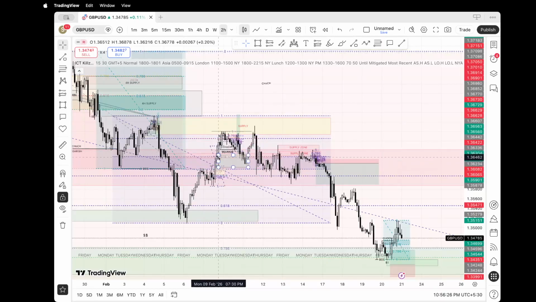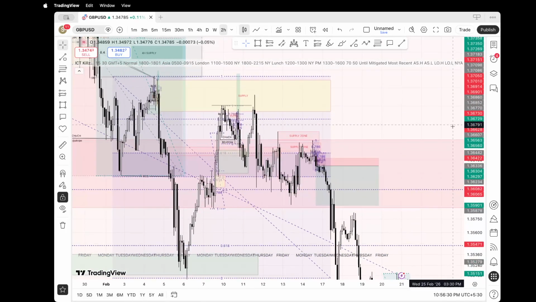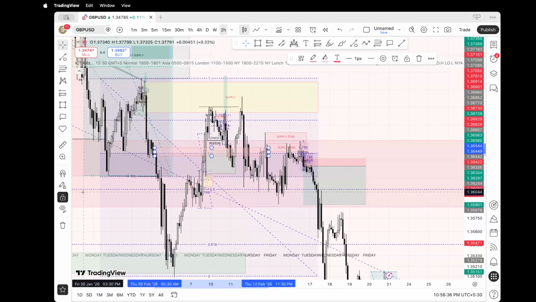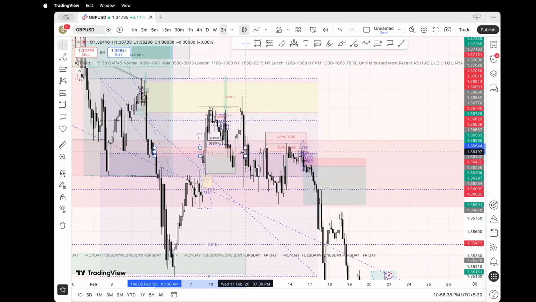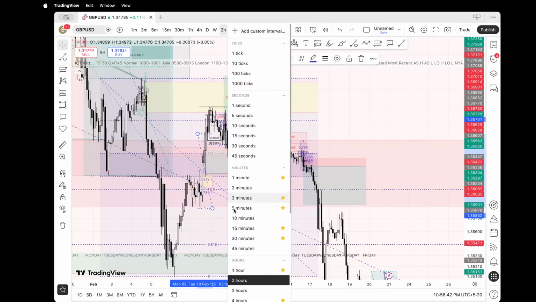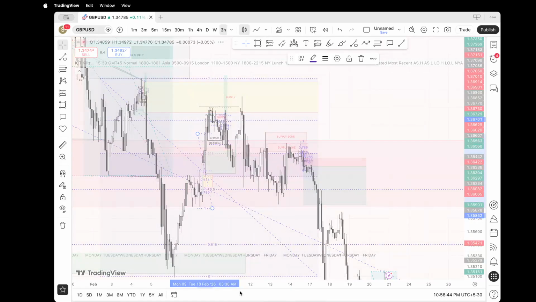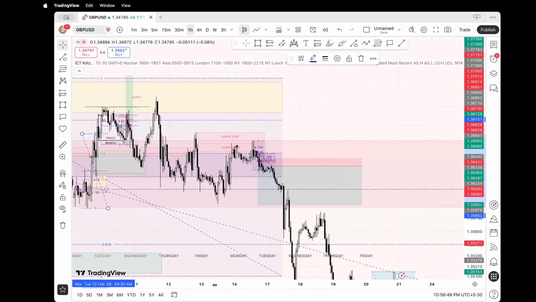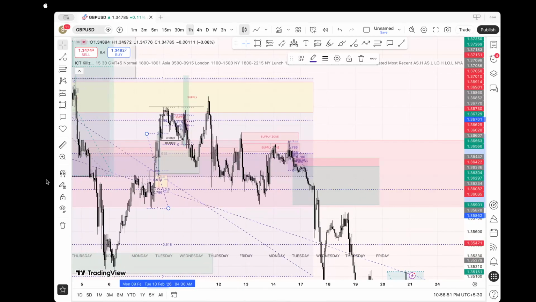Okay, 9th of Feb. We had this order block. Okay, now I'm a bit convinced. This zone is the order block. This one is at 2 hour. Let's see, at 3 hour, 1 hour. Yep, so let's continue.